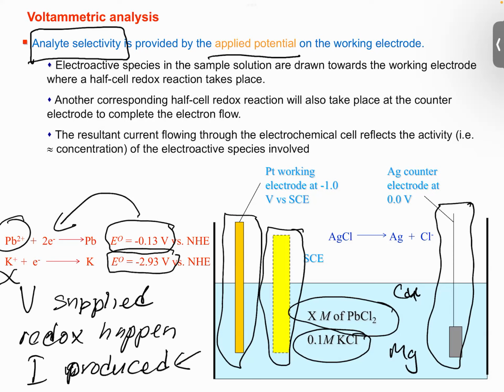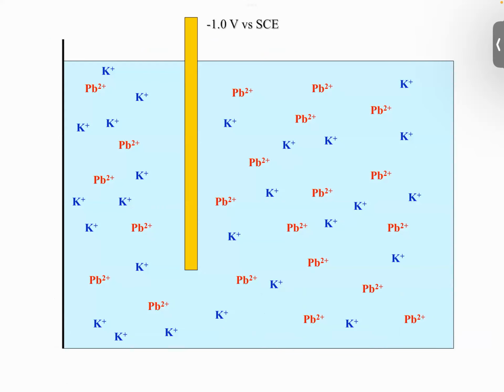The resulting current reflects the activity, or in other words the concentration, of the species of interest, whatever species you wish to identify and measure. This is a very good technique, both quantitative and qualitative. But of course, it has to be supported with other techniques, for example spectroscopic techniques.